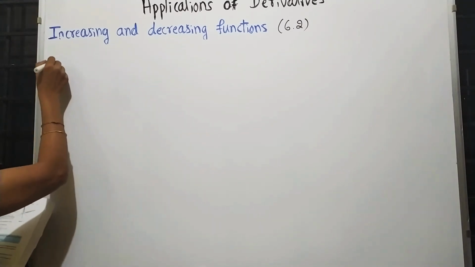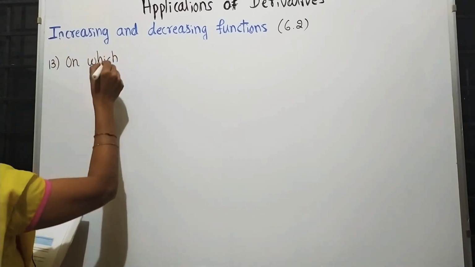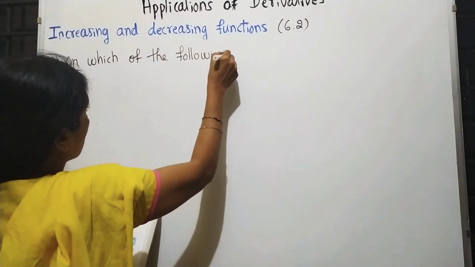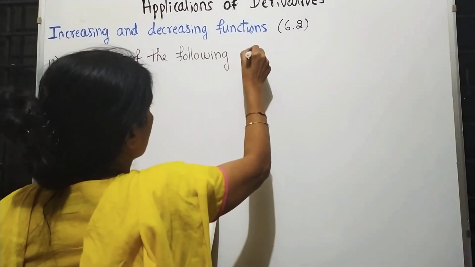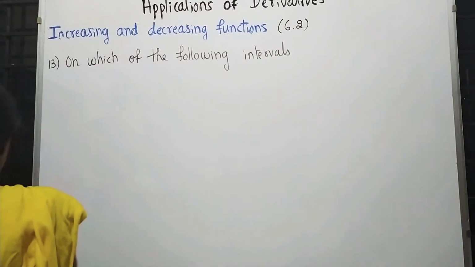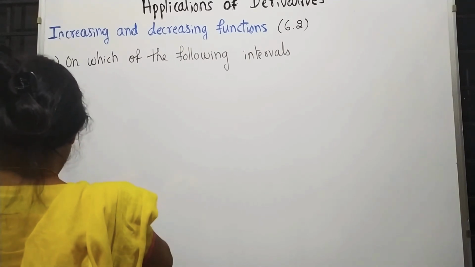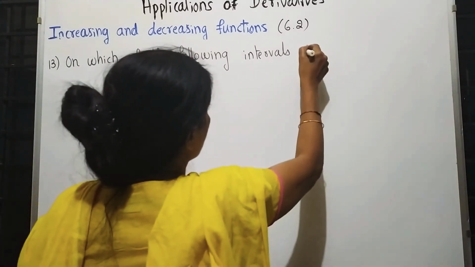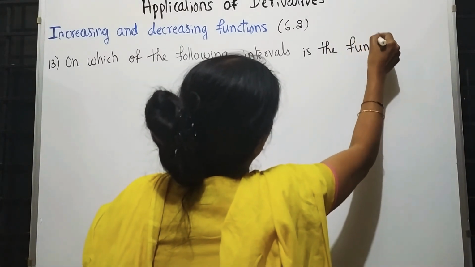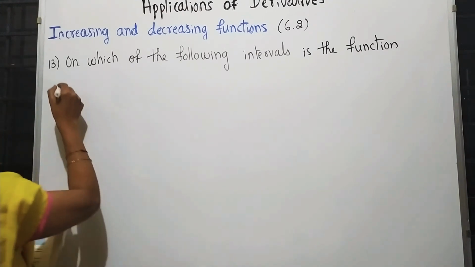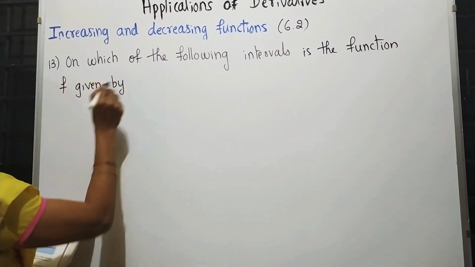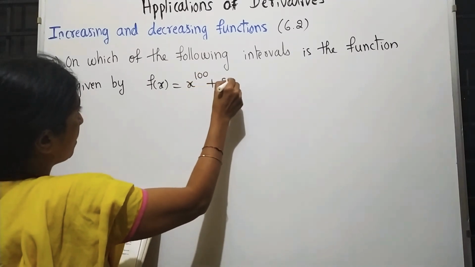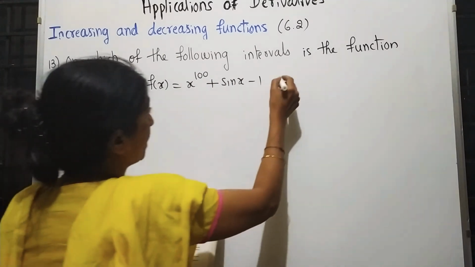On which of the following intervals is the function f given by f of x is equal to x raised to 100 plus sin x minus 1 strictly decreasing.